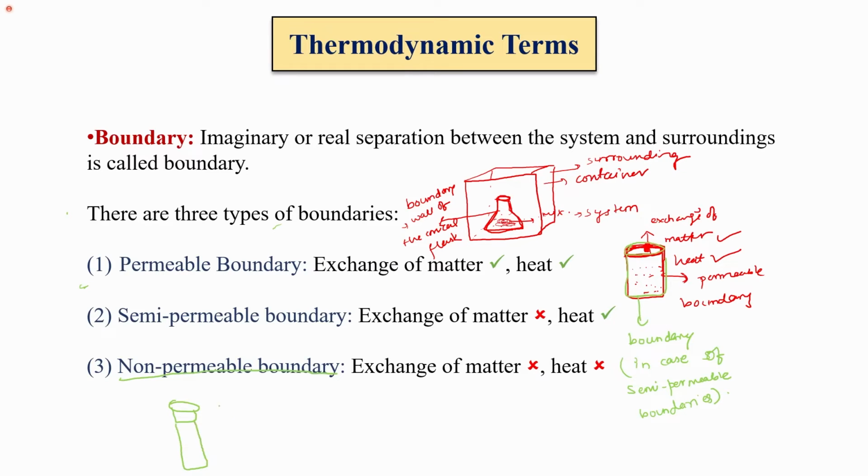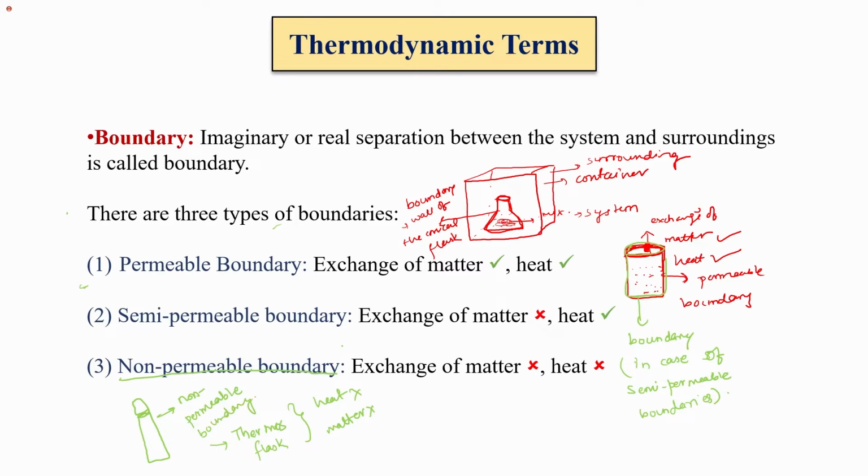This thermos flask doesn't allow the heat as well as matter. Both cannot be exchanged between the system and the surrounding. So the wall of this thermos flask will be considered as your non-permeable boundary.